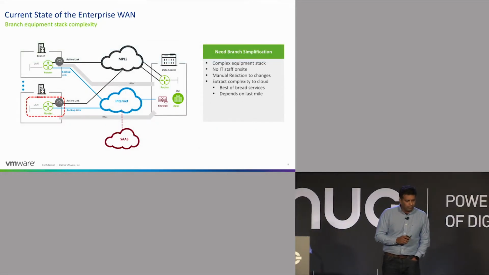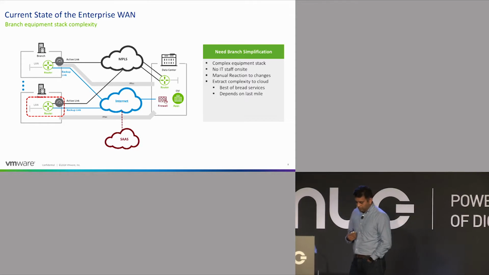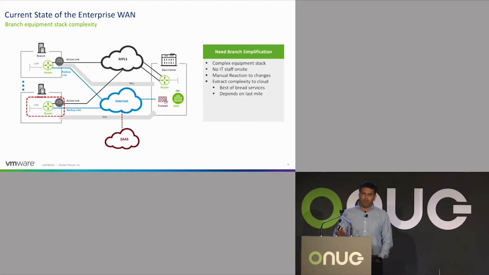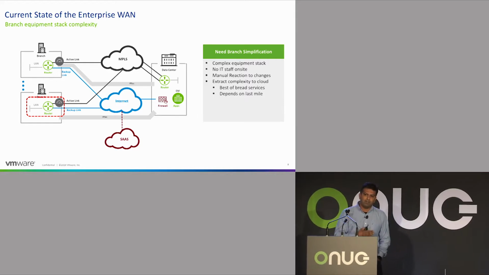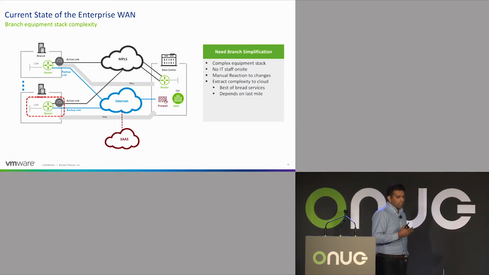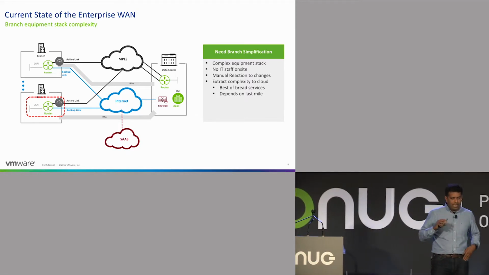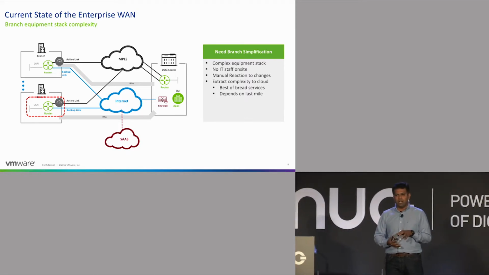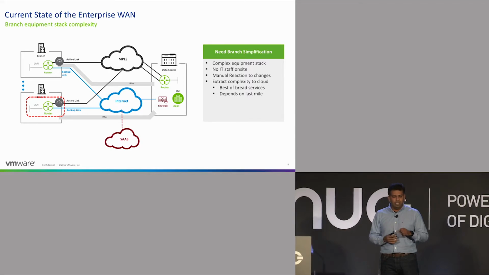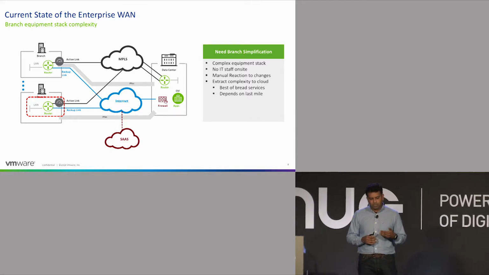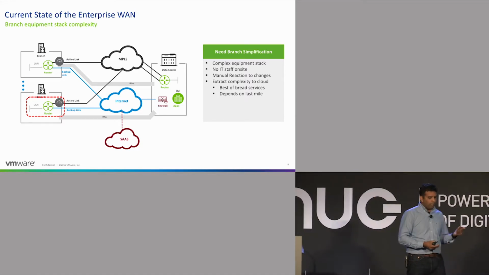Also, we see that a lot of complexity is moving out of on-prem to the cloud, and SD-WAN aims at solving that. One of the things with respect to SD-WAN is to extract all the complexity in the branch and move it to the cloud. In the next sections, we'll go into more detail on what we are doing in the future.